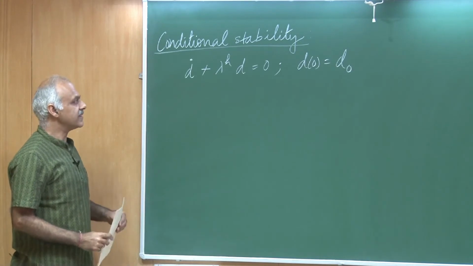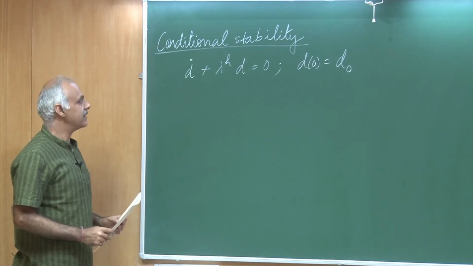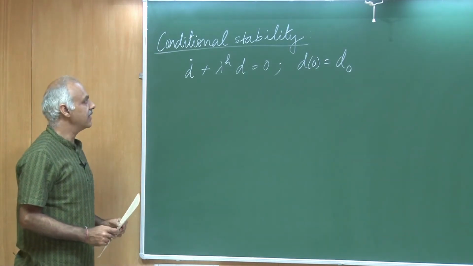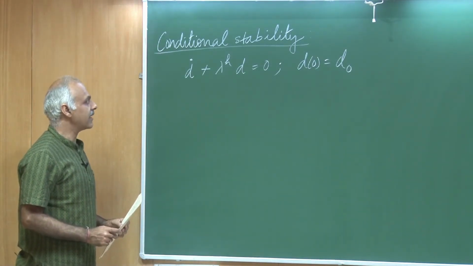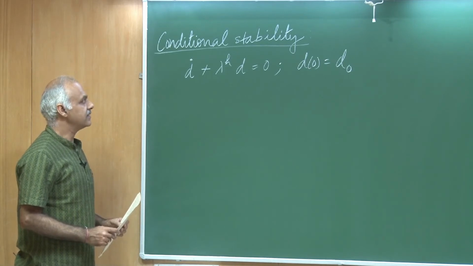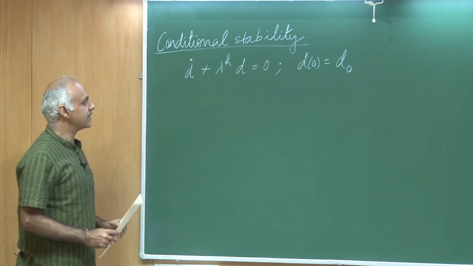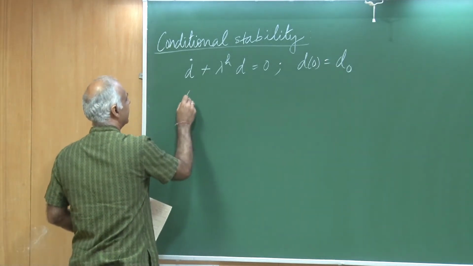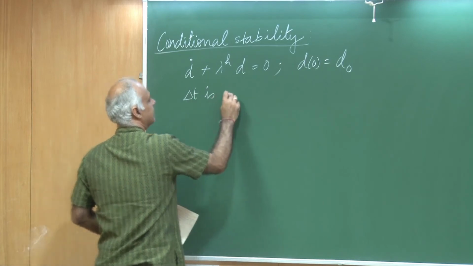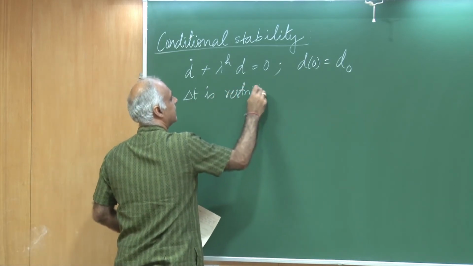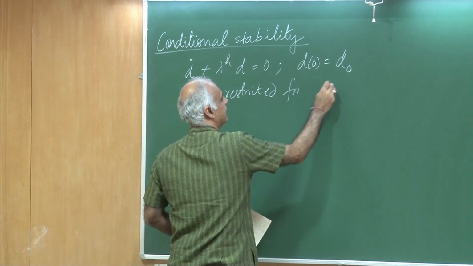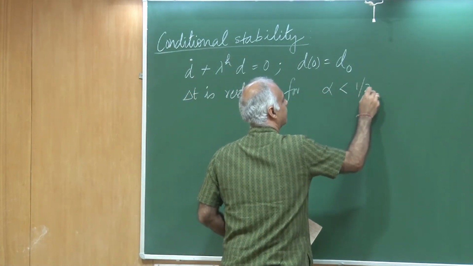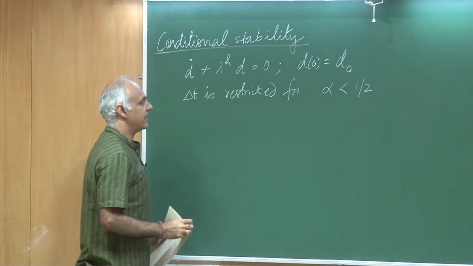And what we found is that for the generalized trapezoidal method, depending on what is the value of alpha we use, we could sometimes get into problems of stability, and that is why we would have a restriction on delta t. So, the idea of conditional stability is that delta t is restricted for alpha less than half, okay, of course greater than 0.